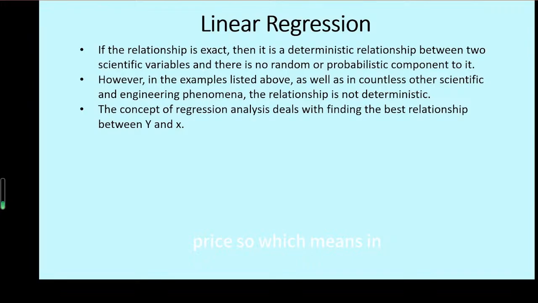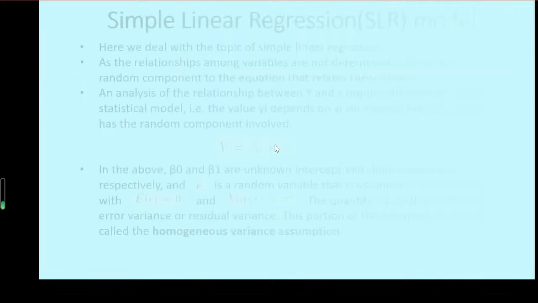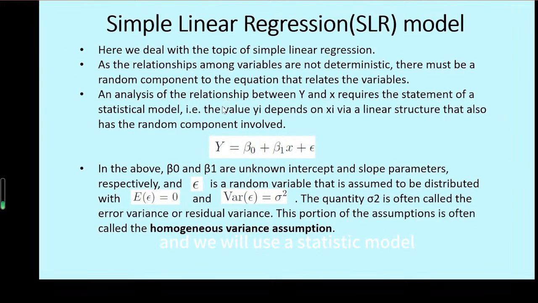Which means in the relationship between x and y, there are also some non-deterministic factors, right? So this is the concept of linear regression analysis, and we will use a statistical model to model this relationship.